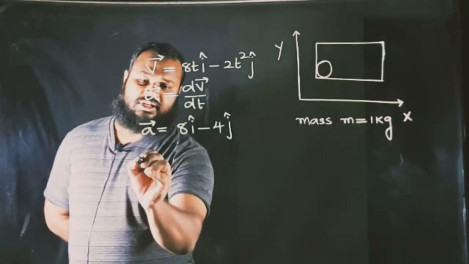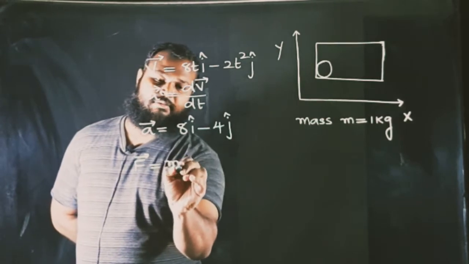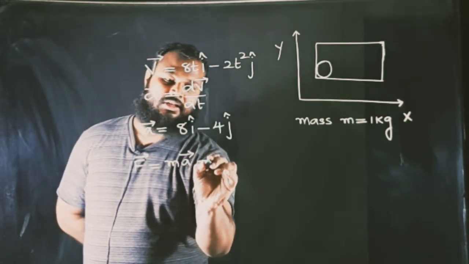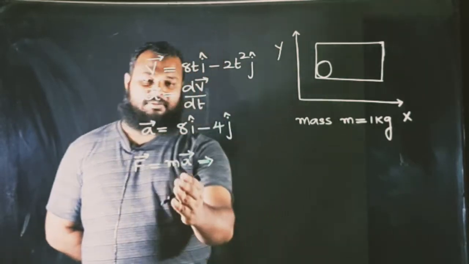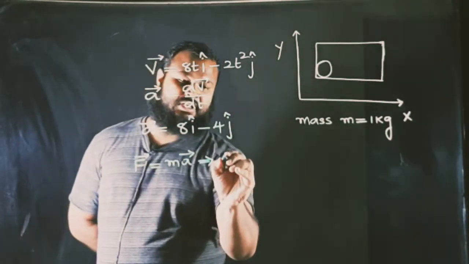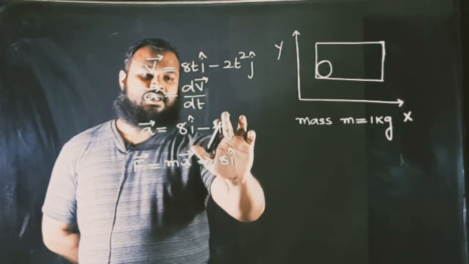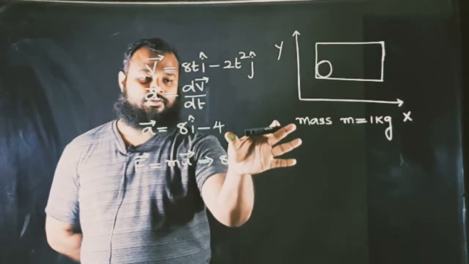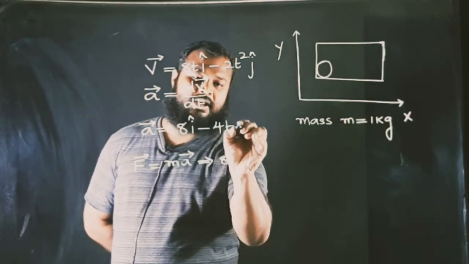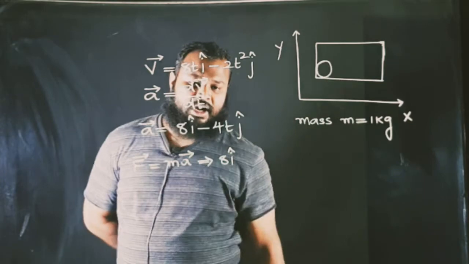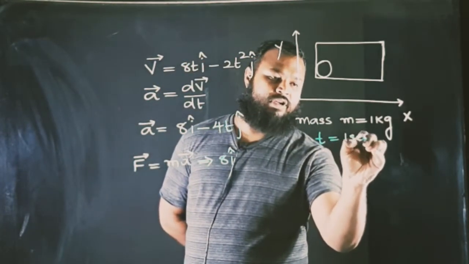Now the force is F bar is equal to m into a bar. That implies, mass is given as 1 kg, so multiply 1 with this one, then you have the force as 8i minus 4t j cap, since the derivative of t square is 2t. And we are supposed to find the force at t equal to 1 second.